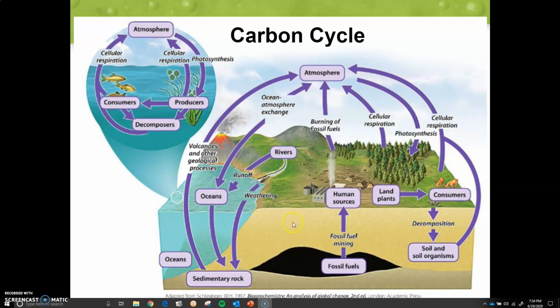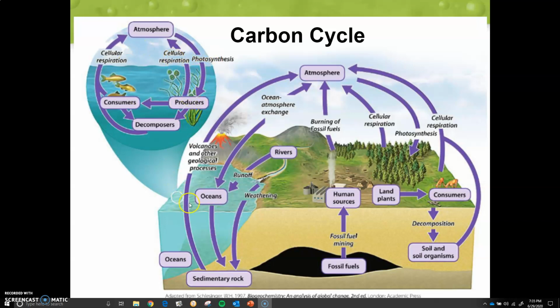Okay. And then we also have the second largest, which is in the oceans. They absorb carbon through the atmosphere from runoff, undersea volcanoes, wastes, and remains of organisms. This little image up here kind of shows our other processes, photosynthesis and cellular respiration.